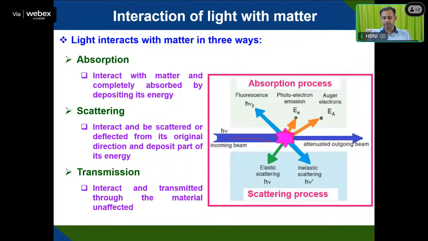If it is scattered, the scattering can be of different types. It can generate different species like photoemission, fluorescence, phosphorescence, elastic or inelastic scattering, or other electrons can be produced. If the incoming beam is transmitted, the transmission electron microscope depends on this transmission phenomenon.